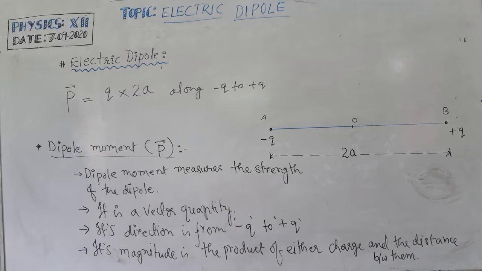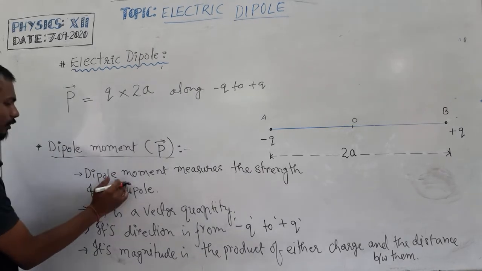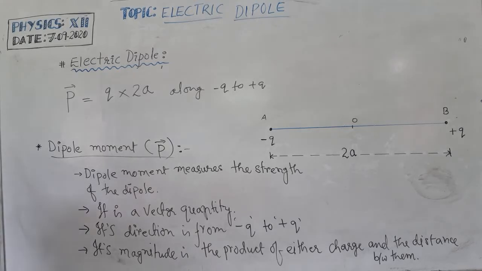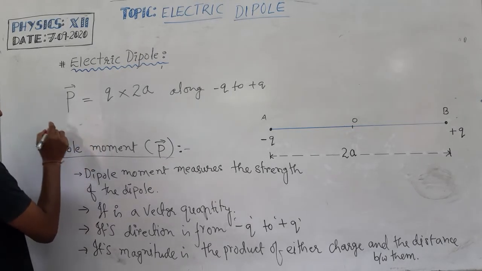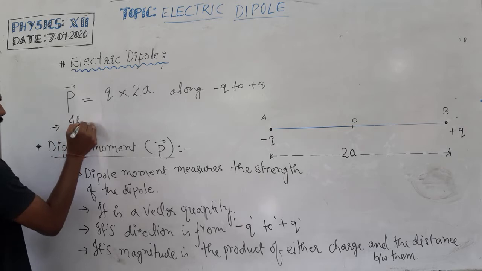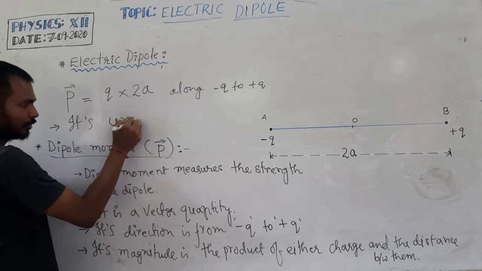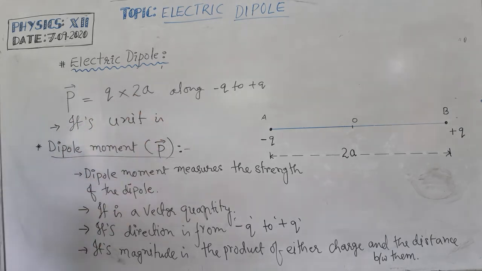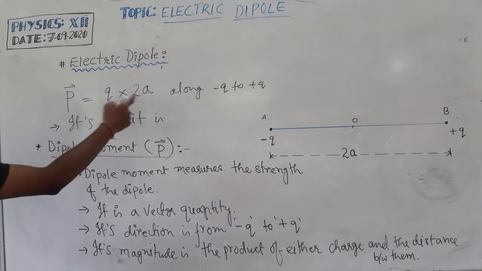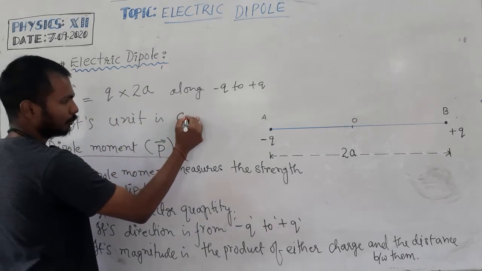This is the dipole moment of an electric dipole, which gives the strength of the dipole. Its unit is charge times distance, that is, coulomb meter.